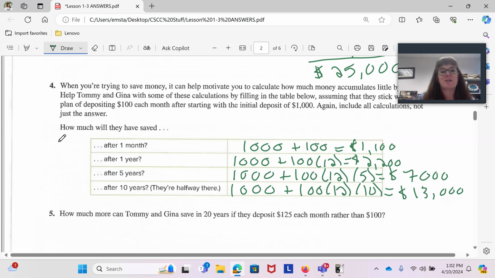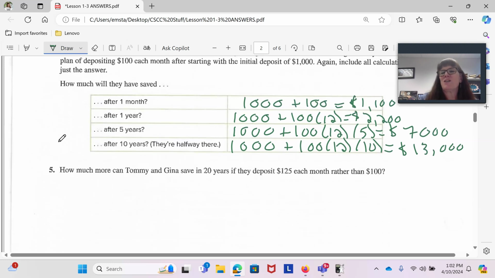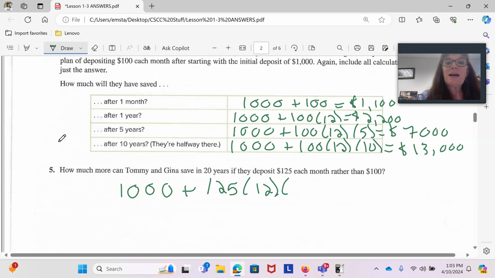Five asks us, what if we change that $100, and we're going to change that to $125? So let's figure out how much they would have if they deposited $125 instead for 20 years. So again, we're starting with that $1,000 initial deposit. And now I'm putting in $125 per month, so times 12 months times 20.